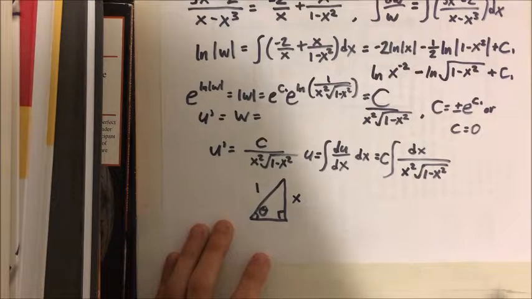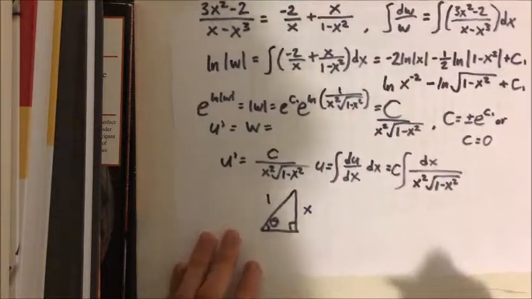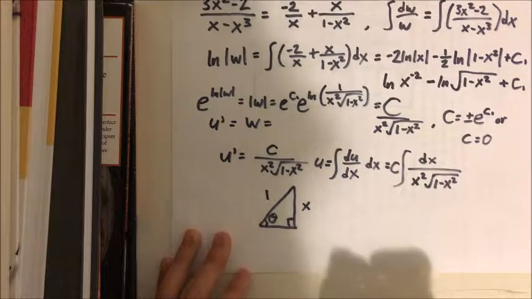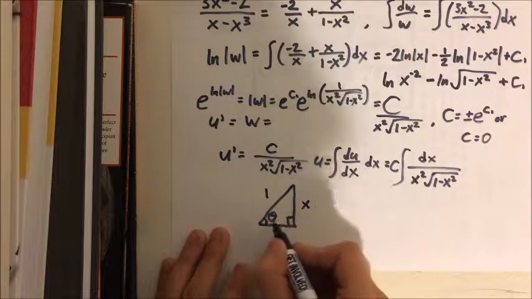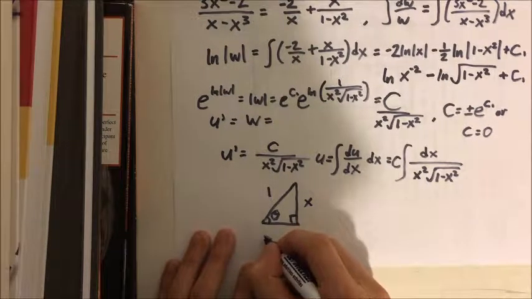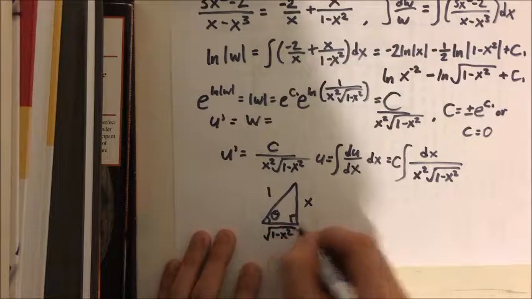Again, we can do this because of our assumption. We know that the absolute value of x is less than 1. So that allows us to be valid by the triangle inequality. So here, if we have this, then by the Pythagorean theorem, this side is going to be the square root of 1 minus x squared.